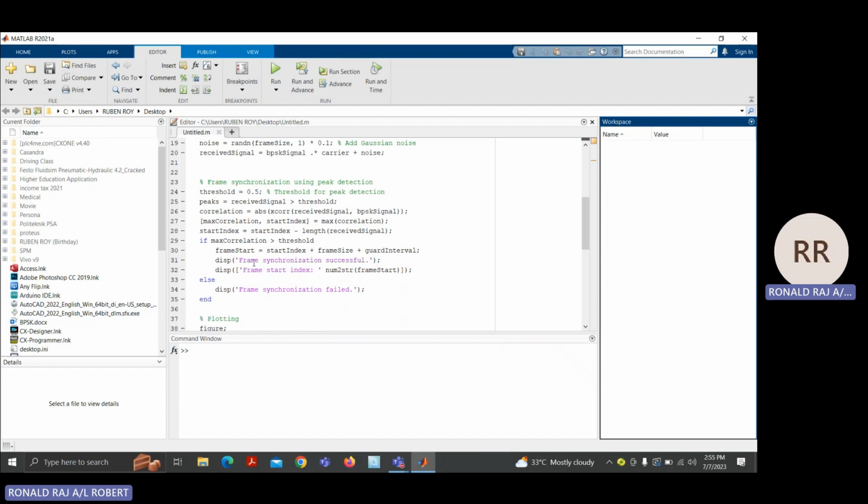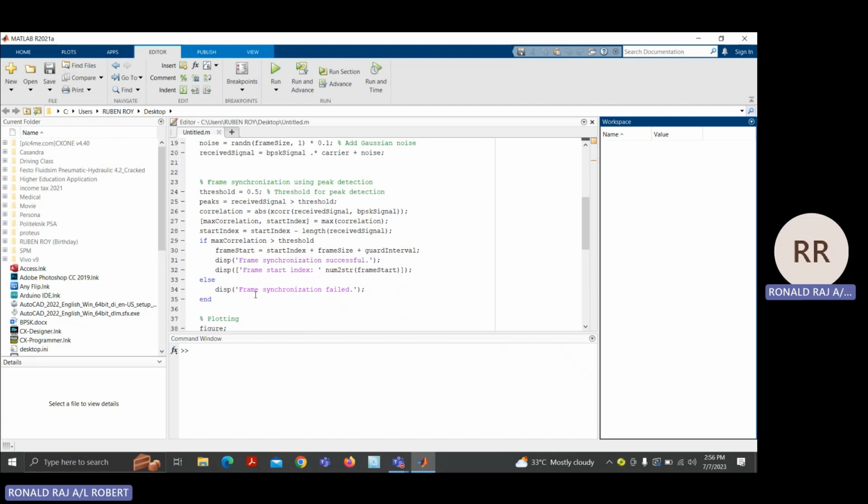If the maximum correlation value is greater than the threshold, frame synchronization is considered successful. The frame start index is calculated based on the start index, frame size, and guard interval: frame start equals start index plus frame size plus guard interval. The frame start index is displayed along with the success message.